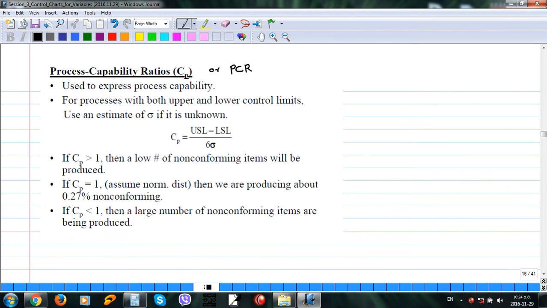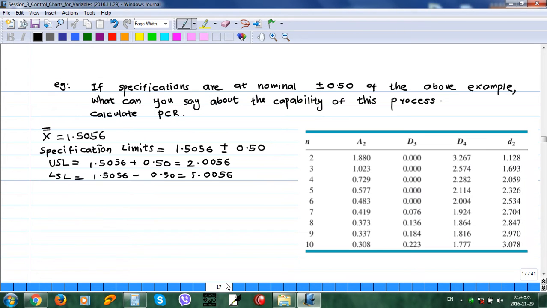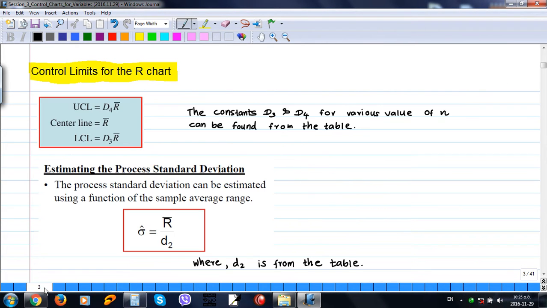So we need to calculate the PCR using this equation: Cp equals the upper specification limit minus the lower specification limit over 6 sigma. Before that we need to find sigma. Sigma hat equals R bar over d2, I think you remember the equation.